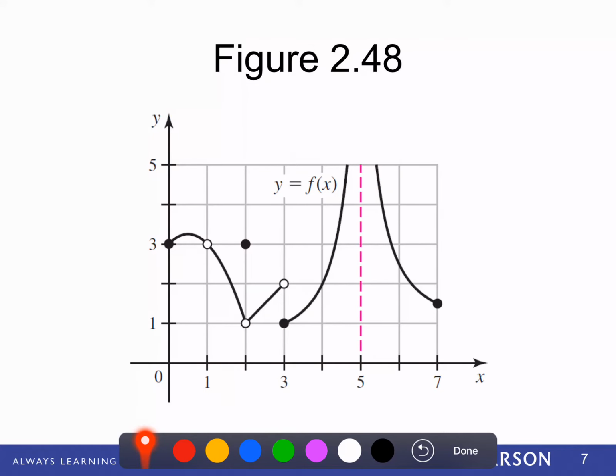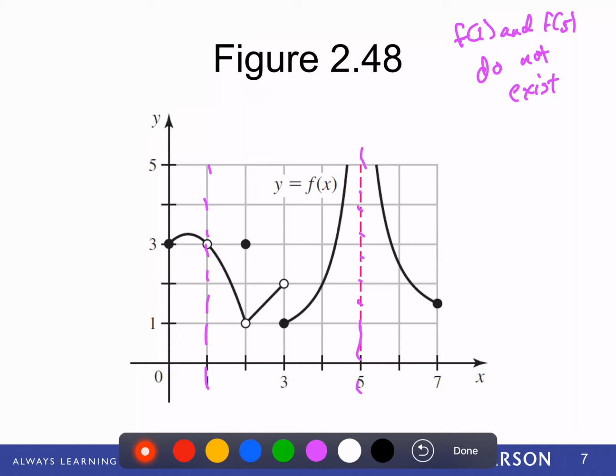This graph shows where functions can be discontinuous. At values for x equals 1 and x equals 5, we get that f of 1 and f of 5 do not exist. And therefore, those are 2 points of discontinuity.